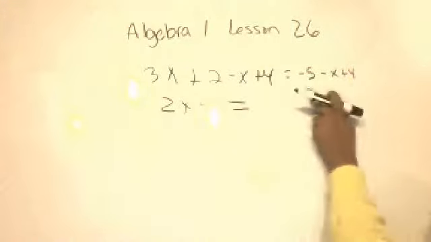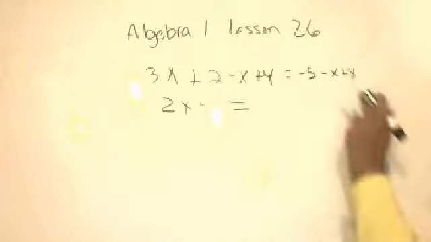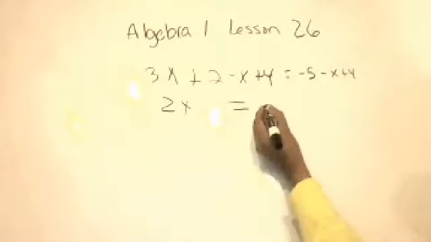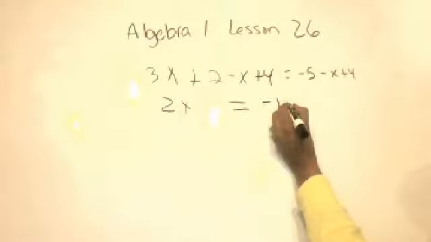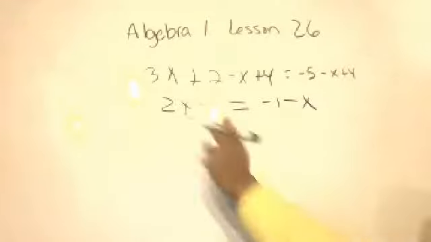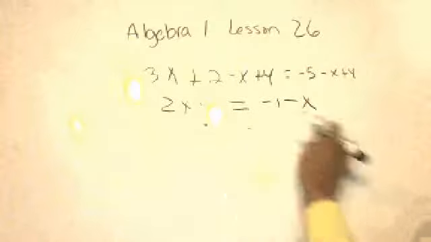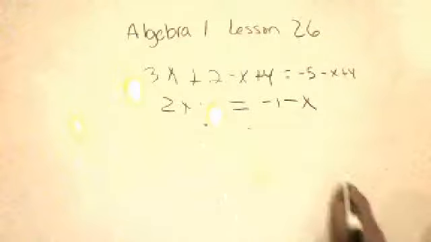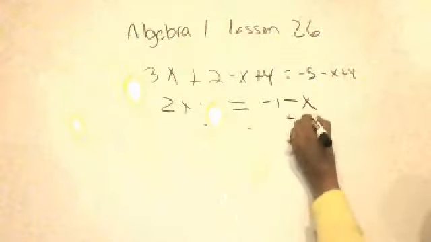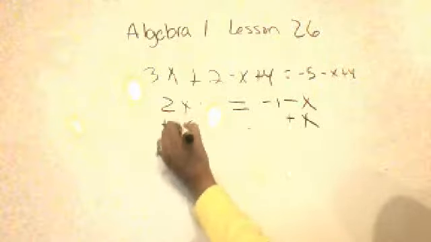Now go to this side. Is there anything to distribute? This is a 4, not a y. For the like terms, I've got a negative 5 and a positive 4, which is a negative 1, minus x. Now this is 2x plus 6, in case you can't read it, equals negative 1 minus x. The next thing is I want to get rid of my variable on one side, so I'm going to add x to both sides.